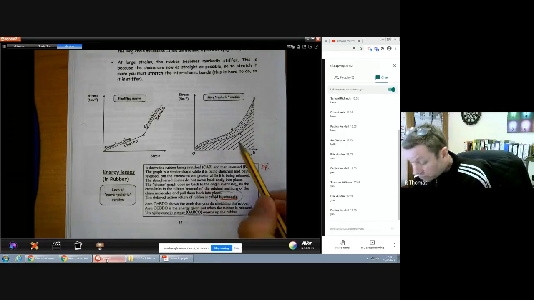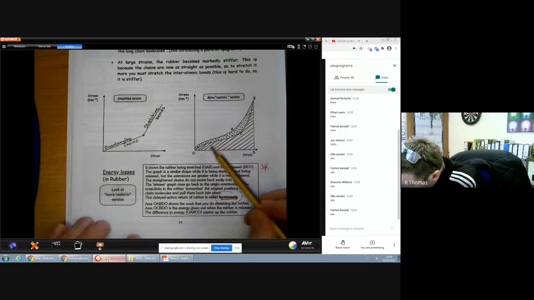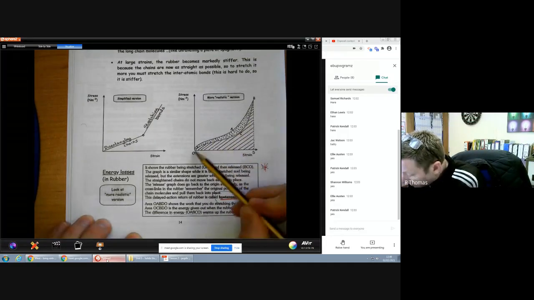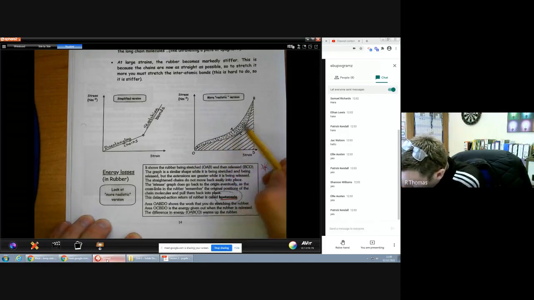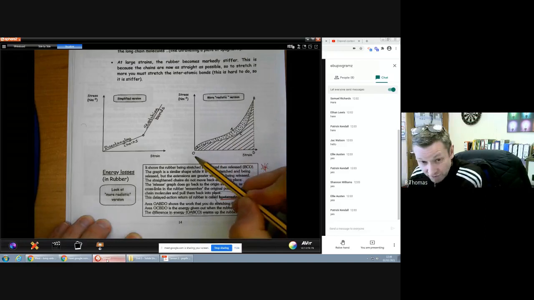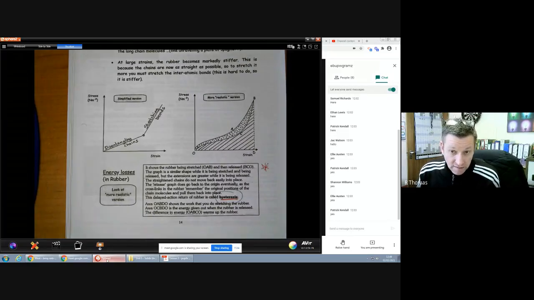We know that energy is the area under the graph, which is why we have this discrepancy in area. Now this diagram here is called a hysteresis loop, and it explains why there's energy lost due to heat when you extend and put back to normal a rubber band, for example.